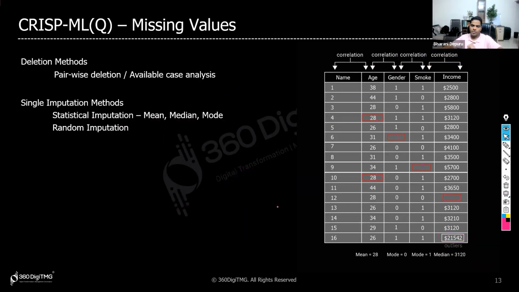Okay. And then we have something called random imputation. When it comes to random imputation, there are multiple variants. One variant is, for example, if you want to take age and replace these missing values, you take the minimum value from this, and then you take the maximum value from this.